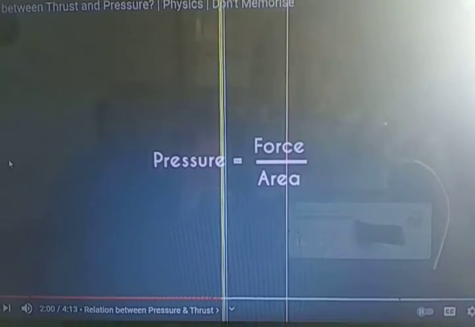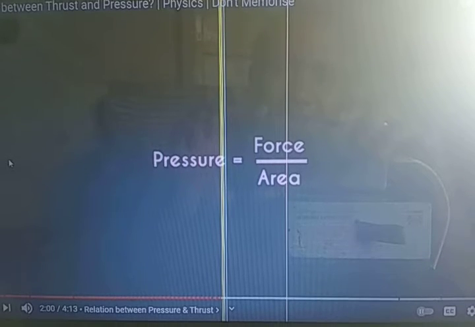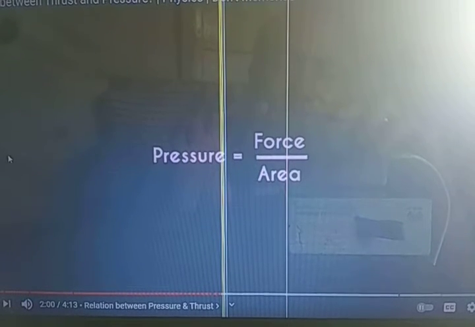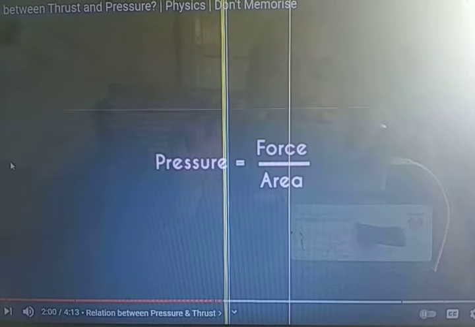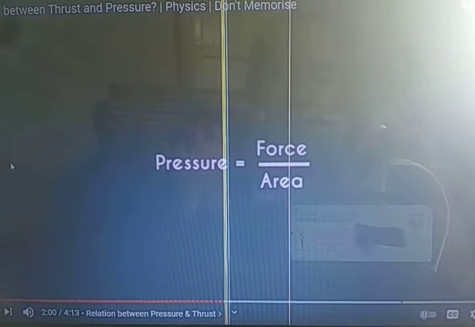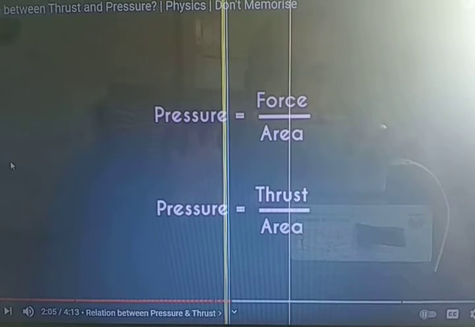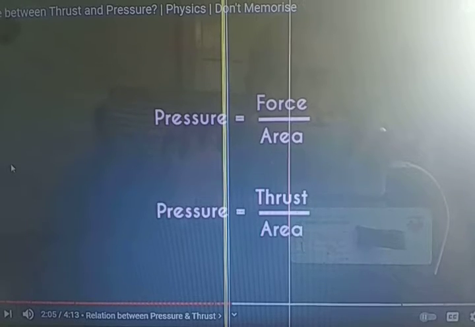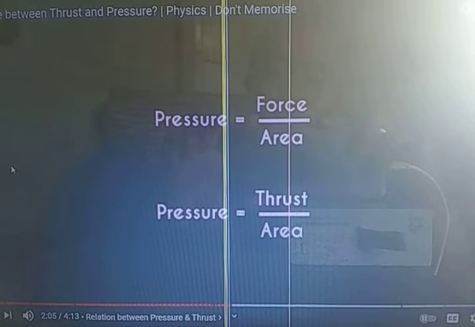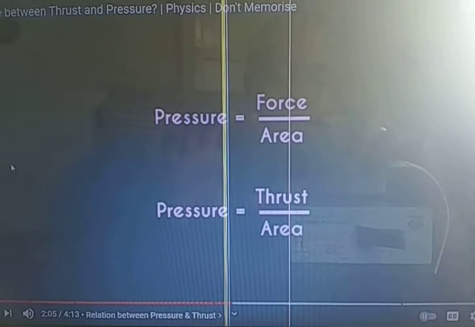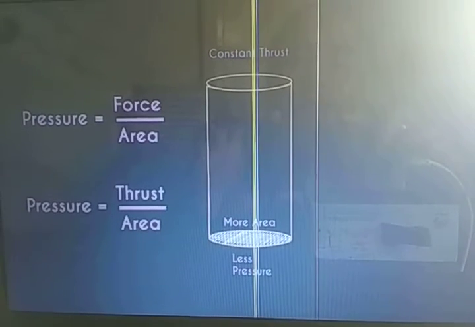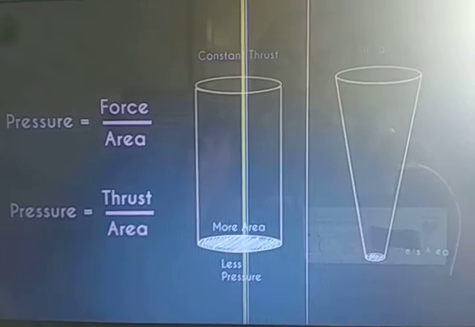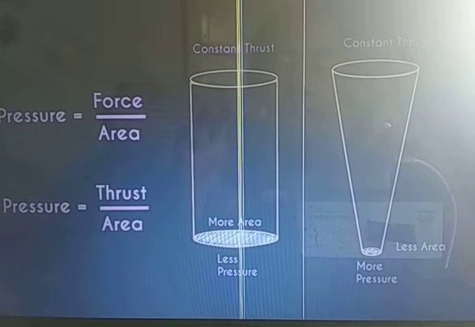Pressure means force per unit area. Pressure is force per unit area. In other words, pressure is thrust per unit area. When the area is more, pressure is less, and when the area is less, pressure is more.